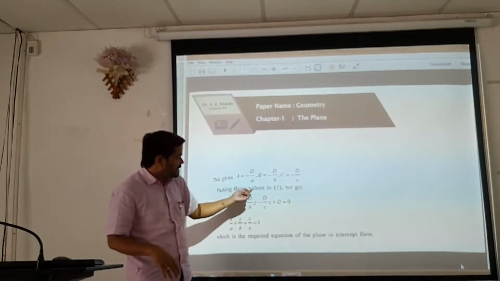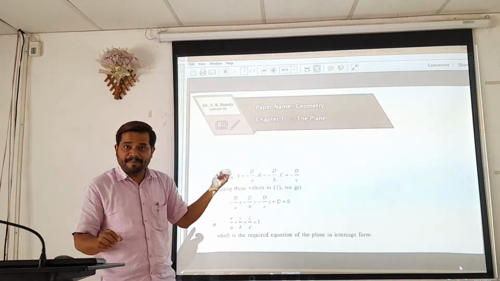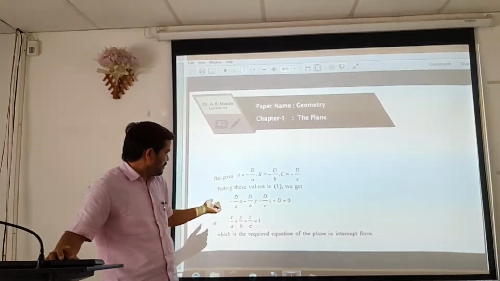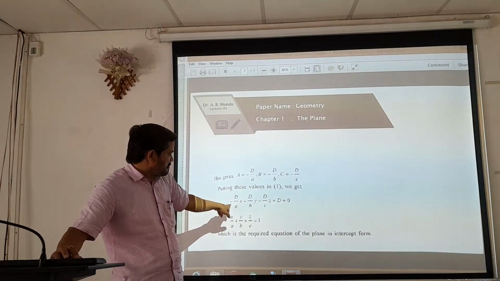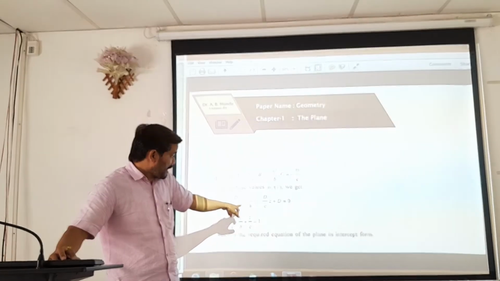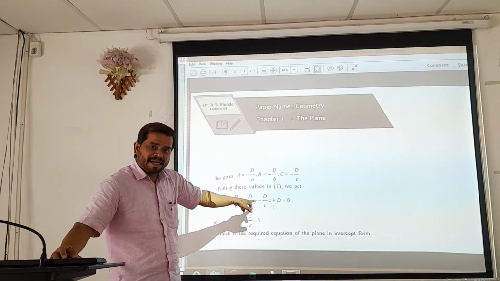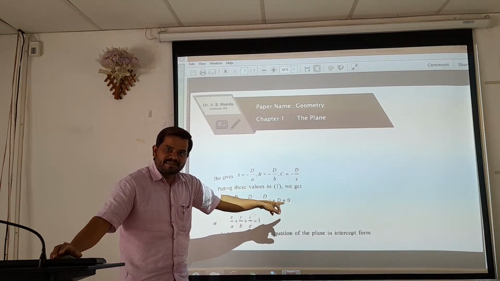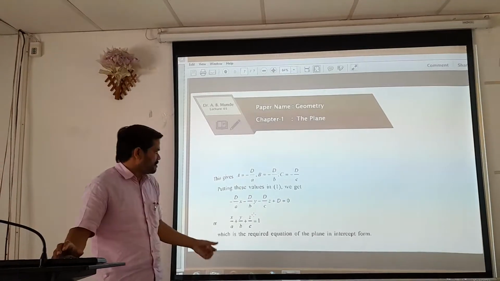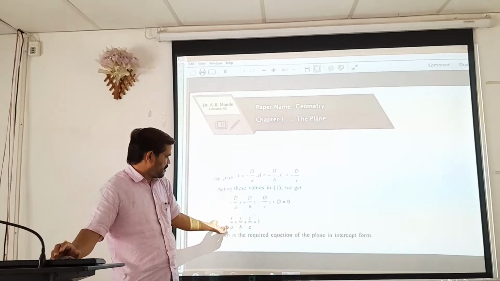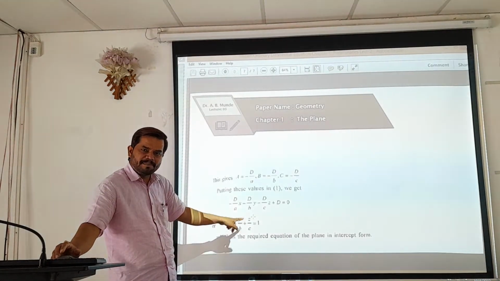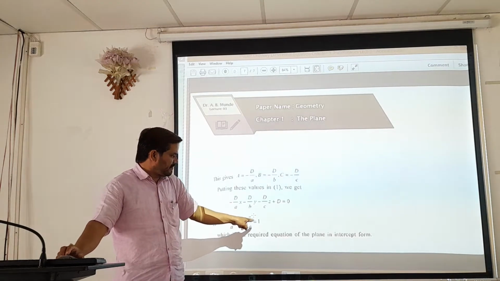Putting these values of capital A, capital B and capital C in equation number 1, what do we get? We get minus D by a into x, minus D by b into y, minus D by c into z, plus D is equal to 0. Now simplify, just put this one here. We get x by a plus y by b plus z by c is equal to 1.